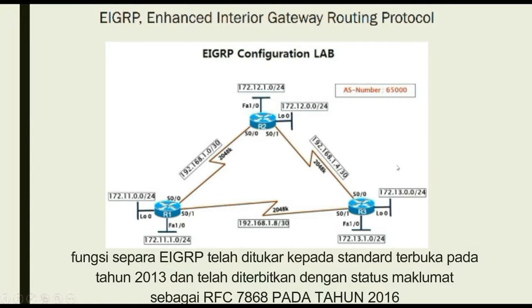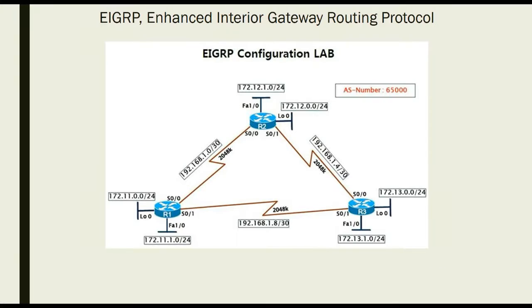Partial functionality of EIGRP was converted to an open standard in 2013 and was published with informational status as RFC 7868 in 2016.